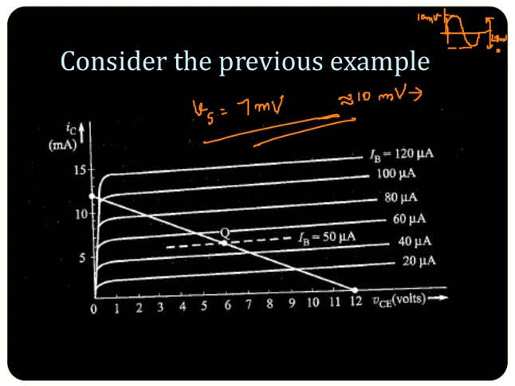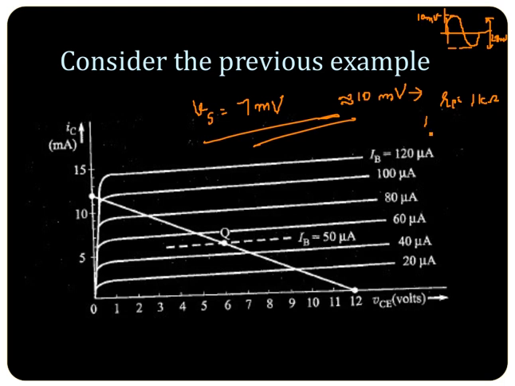Now, in the same previous example, VCC is 12 volt, RC is 1 kilo ohm, VBB is 10.7 volt and RB is 200 kilo ohm. If there is 20 millivolt peak to peak variation, and you assume the input dynamic resistance of this common emitter transistor to be 1 kilo ohm, then what will be the peak to peak variation of the base current?